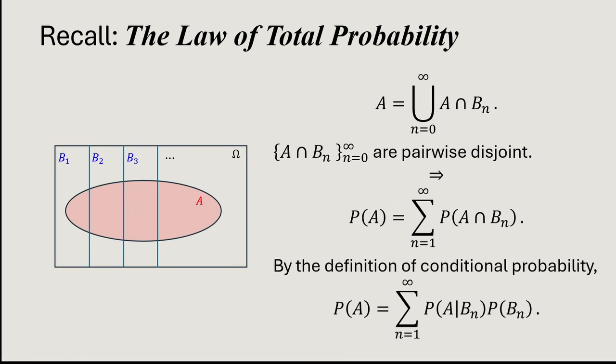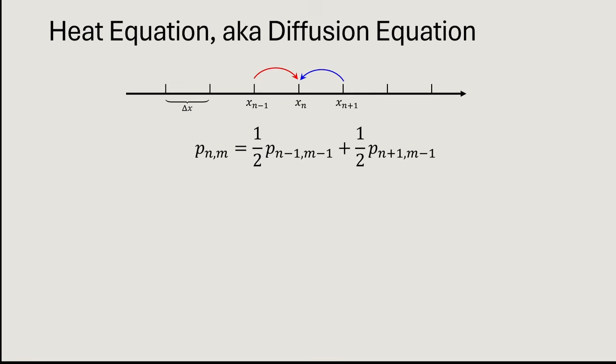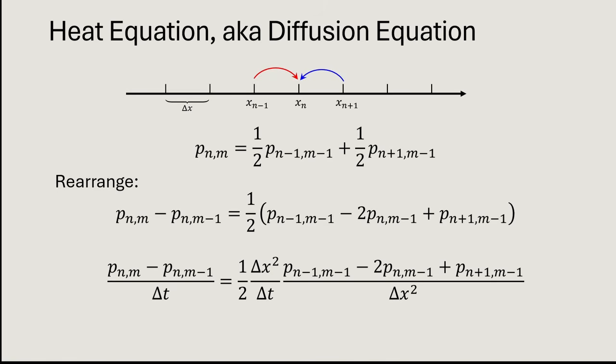And we remarked that the formal justification for the one-step analysis is the law of total probability, a fundamental result in probability theory. Our main interest here is to see what happens when we take delta x and delta t tends to 0 while maintaining the Brownian scaling law. Going back to the difference equation, we first subtract p_n,m-1 on both sides, and then divide by delta t.